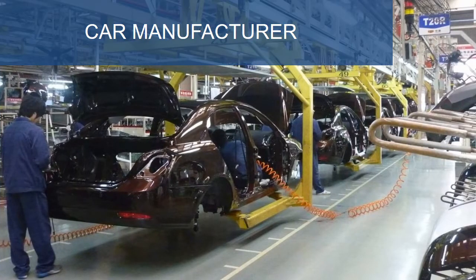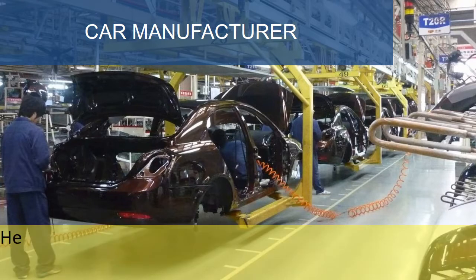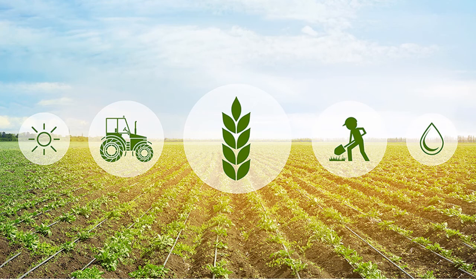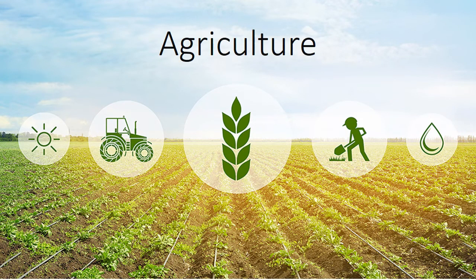Here in the production process, he uses various inputs like land for a factory, machinery, labor and various other inputs. In the same way, taking agriculture as an example, the farmer uses various inputs in the production process like water, fertilizers, seeds, labor, machineries, etc.